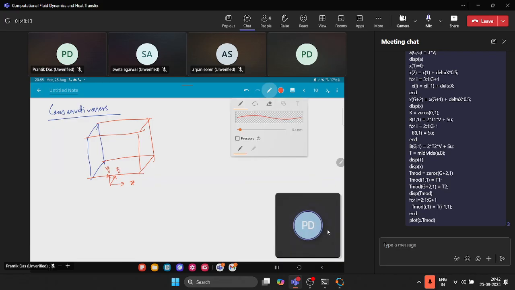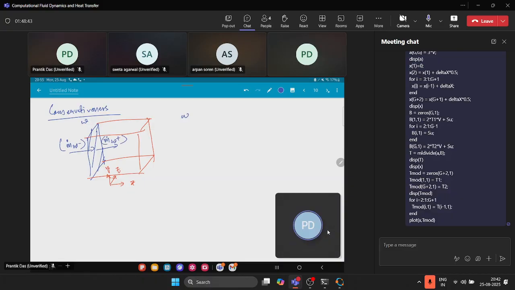So if the flow is basically happening from left to right across this plane itself, that is your west face, then the mass flux at capital W, mass at small w minus, should be equal to mass at small w plus.